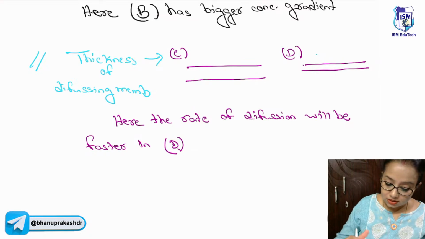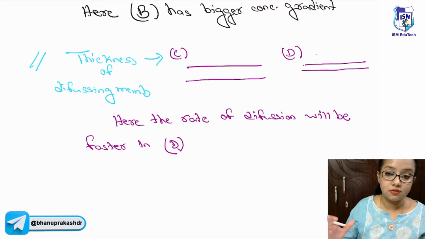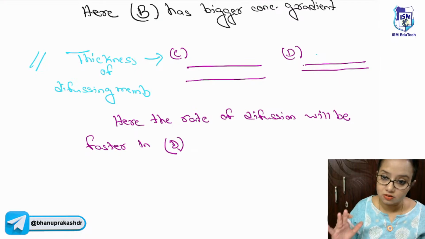Okay, so these are the three factors as per Fick's law that determine the rate of diffusion.